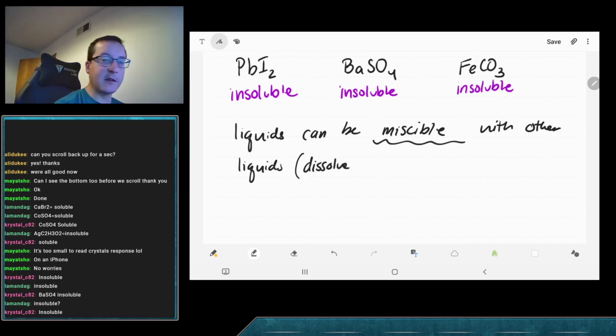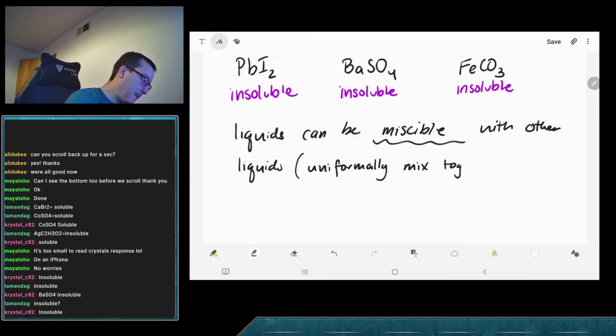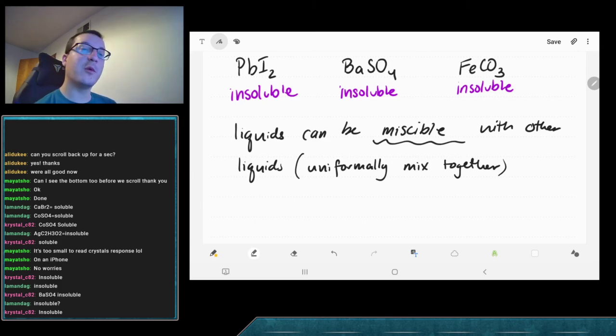It's not really dissolving, they kind of mix. Let's just say that. They uniformly mix together. So if you want to think of it, this could be something like ethanol and water, or acetic acid and water, like vinegar, is a miscible mixture. You've got two liquids put together, they make a homogeneous solution.